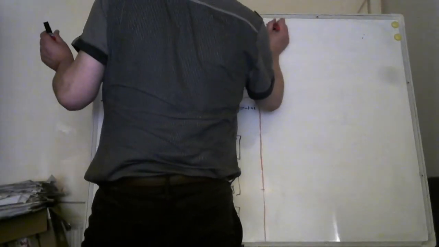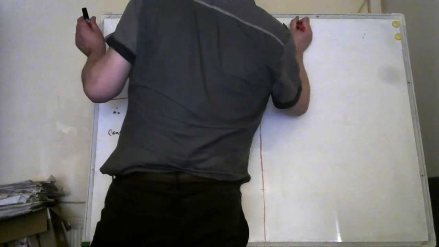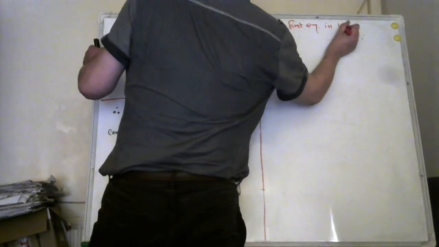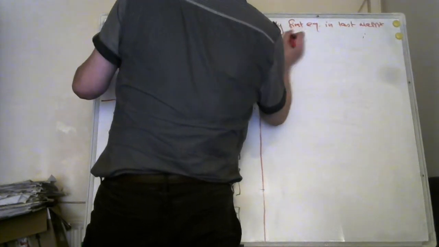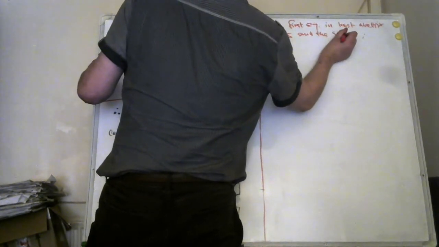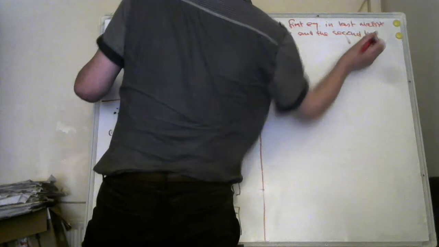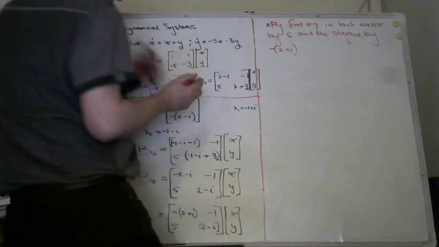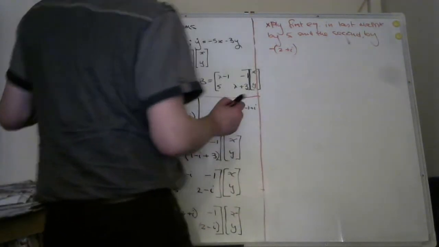We multiply the first equation in the last matrix by 5, and the second by minus (2 plus i), so that we get the following matrix.